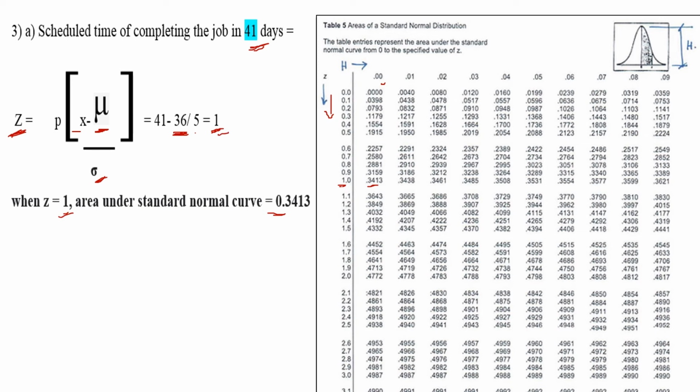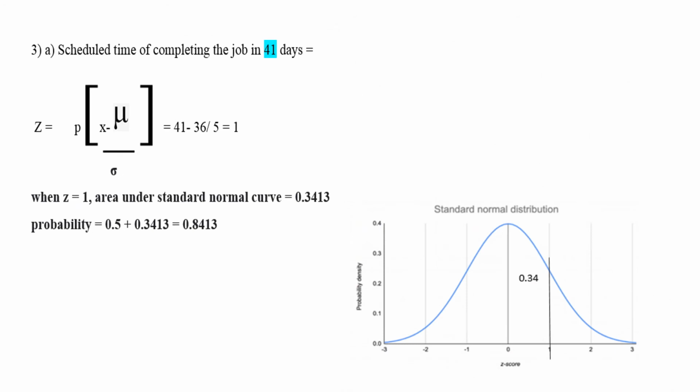From that z value 1, from the table you are having the value 0.3413, that is for z value 1, and the decimal is 0.00. So this is the intersection, 0.3413. Okay, and you are having 0.3413.